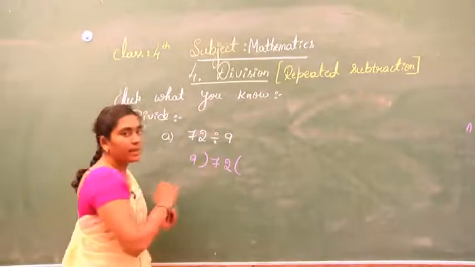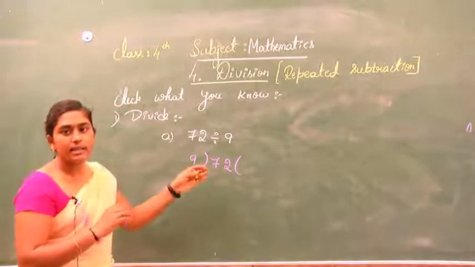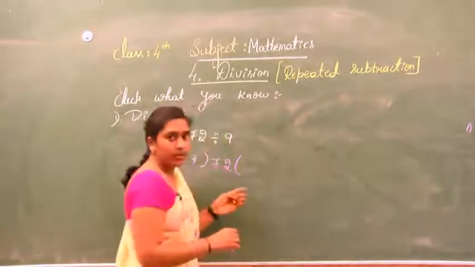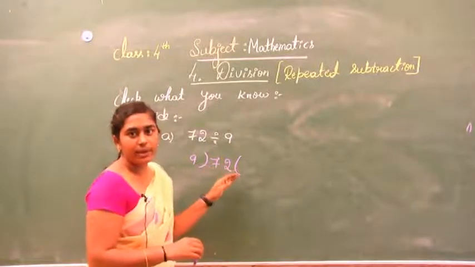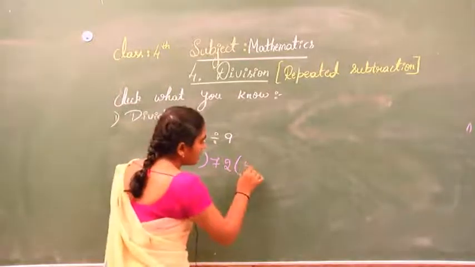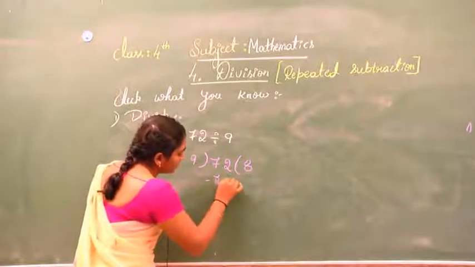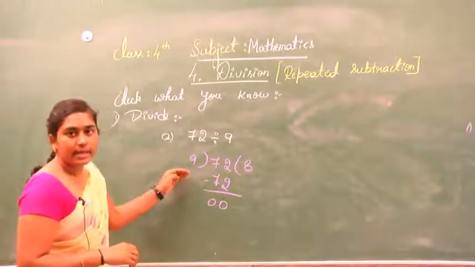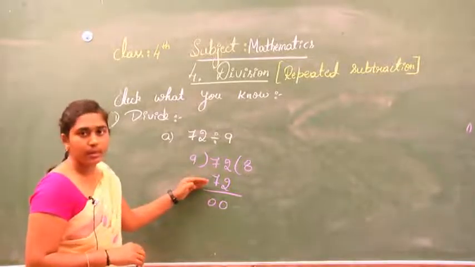Right? Now, is there a number which is equal to 72? 9 ones table, you need to write. Is there 72? Yes, of course. 9 eights are 72. So exactly it will divide the number.